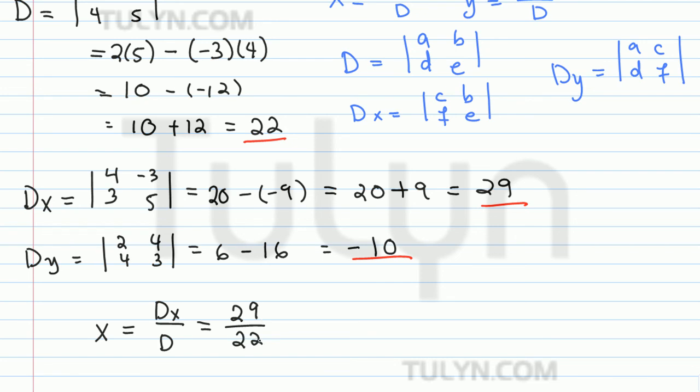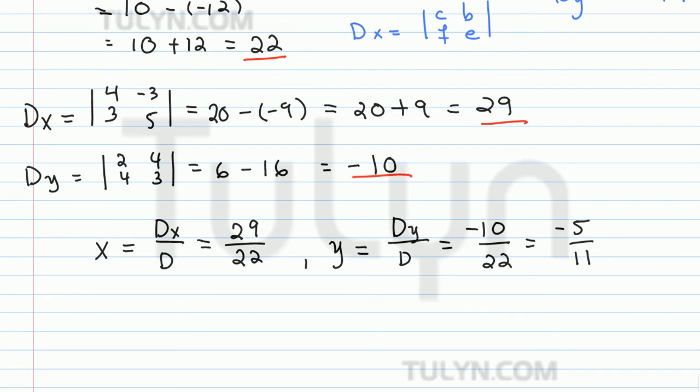And we can't reduce any more from that, so that's the value of x. And then the value for y is Dy over D, so that's minus 10 over 22, which they're both a factor with 2 in it, so we can reduce by 2, and this becomes minus 5 over 11.